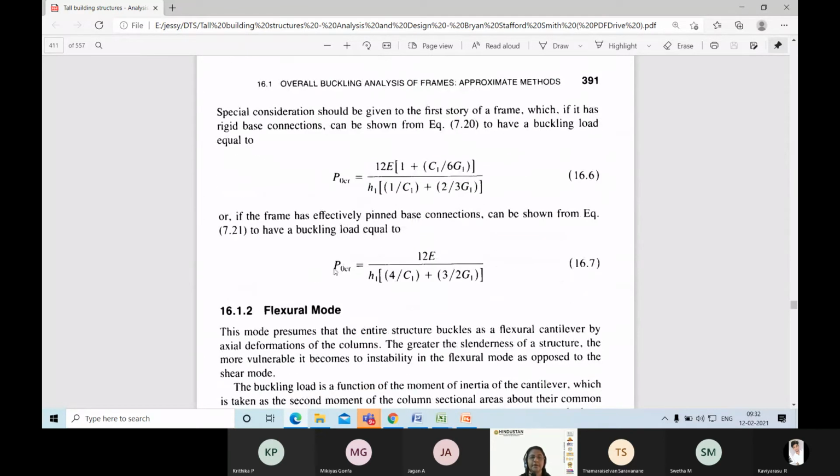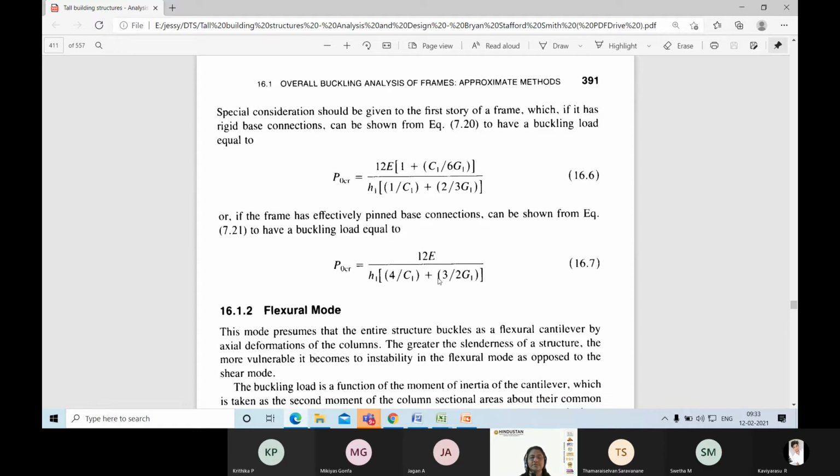Finally, this is the combined effect. PCR represents the combined shear and flexure together. How do we calculate this? C represents the total moment of inertia of the columns by the height, and G represents the sigma of moment of inertia of all the girders, all the beams together.